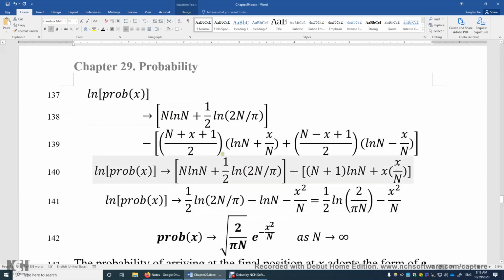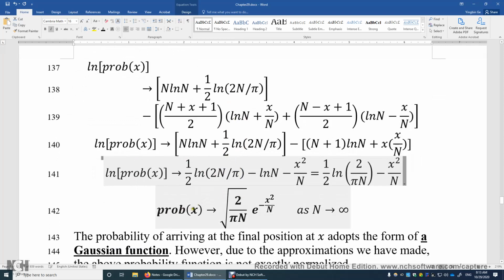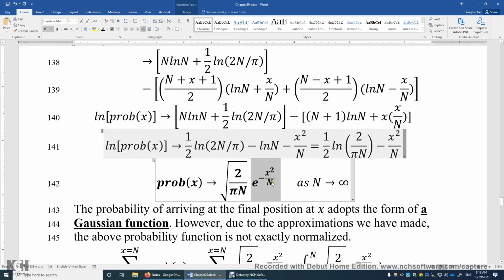And then after a couple more steps, so this is just algebra, in the end, we see the probability of finding the drunk person x steps away from his original position is this. It's approximately the square root of 2 over pi n times e to the power of negative x squared over n. So this is a Gaussian distribution when n is approaching infinity.